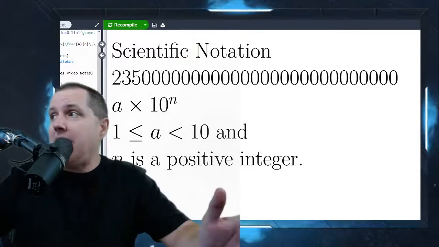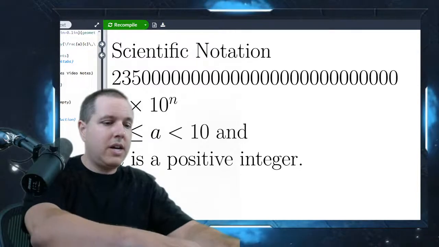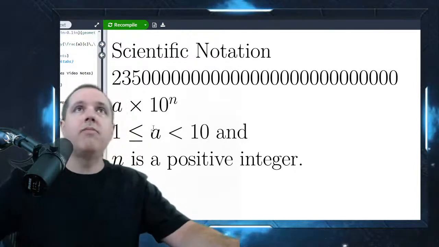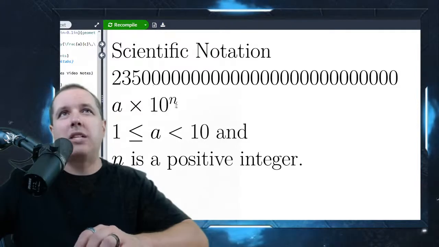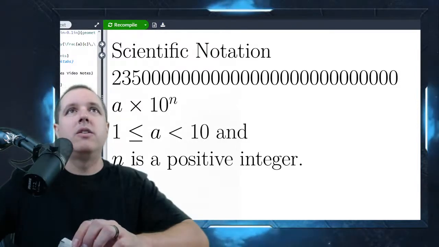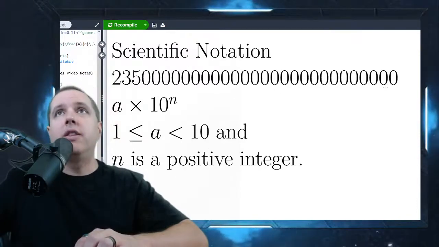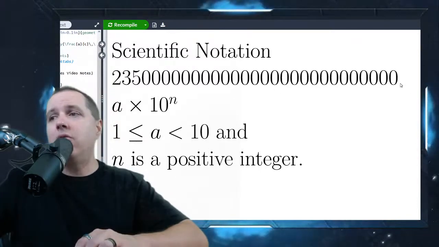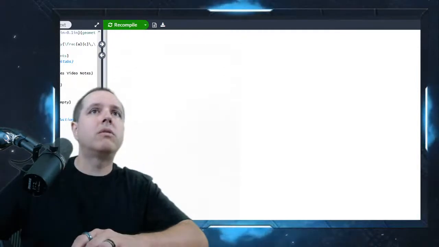We don't know how many yet, but it's pretty easy to figure out. So we go times 10 to the, now we have to figure out what exponent it's going to be. Hopefully this will still compile. Okay, yeah, there we go. So the decimal was here after the 0, and we changed, oh, wait a minute, what's going on?